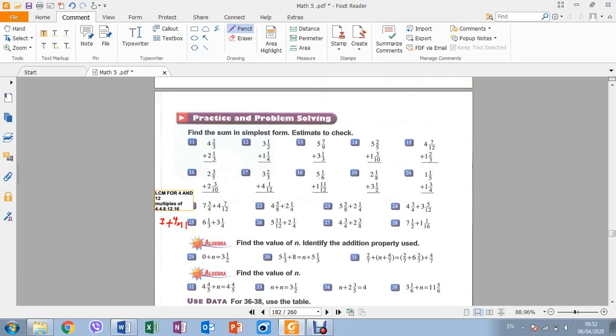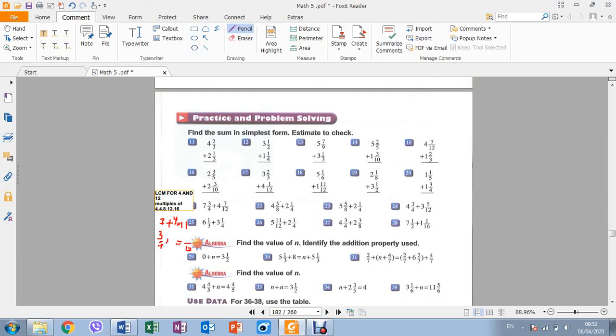We have 3/4, okay? We need to change this to denominator 12. What do we need to do? We need to multiply by what? Multiply by 3.